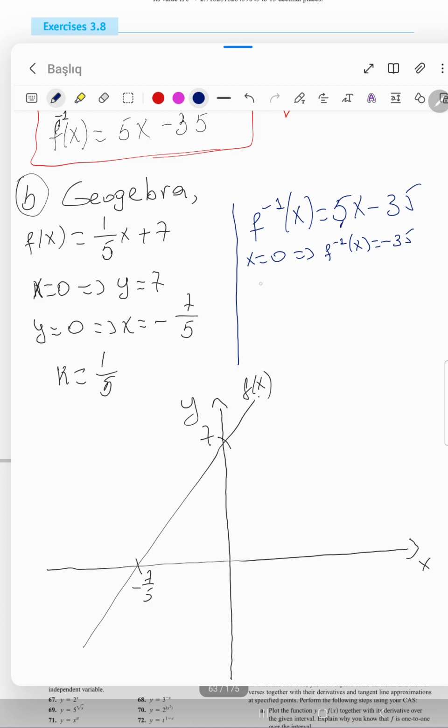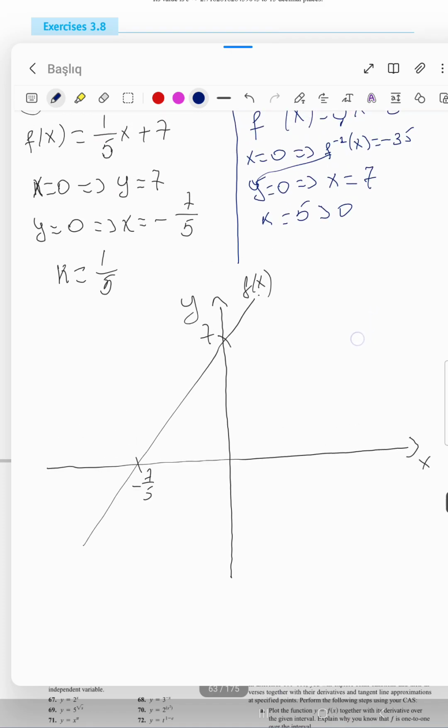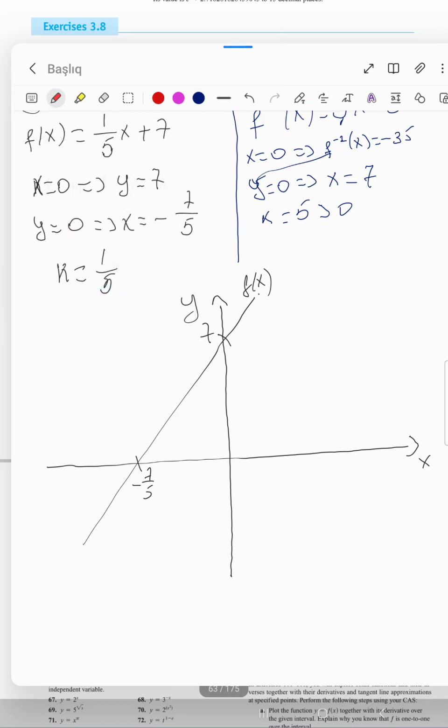And when y is 0, x is 7, and since k is 5, greater than 0, it means our angle will be less than 90 degrees. Let me draw it with a different color, green and red.